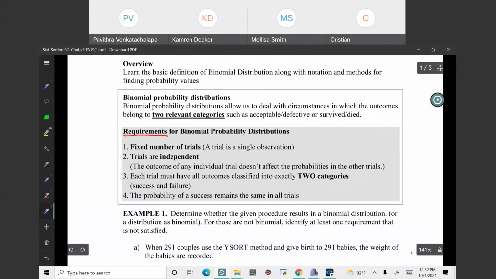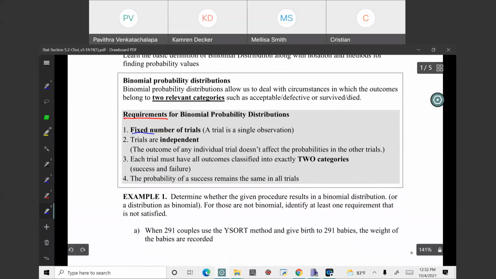It must have a fixed number of trials. That means in lab, you were adding 10,000 or 1,000 simulations, right? Those numbers, 1,000 or 10,000, whatever you were adding, are called trials or simulations or row numbers. So those numbers must be fixed.